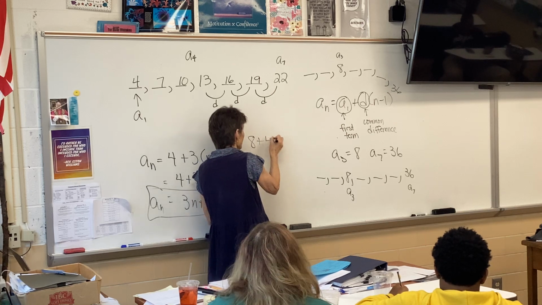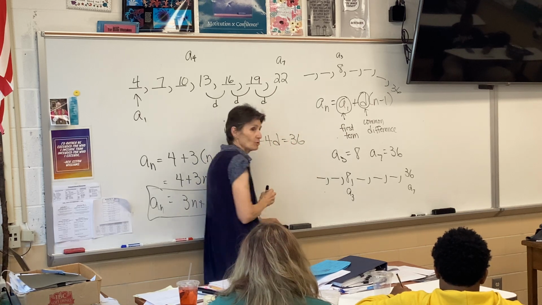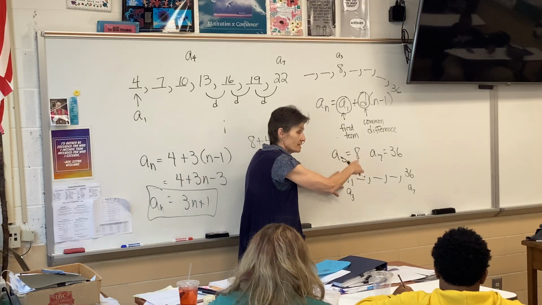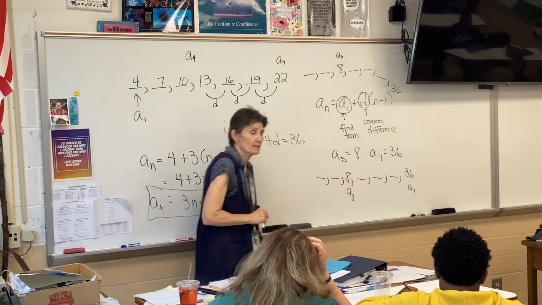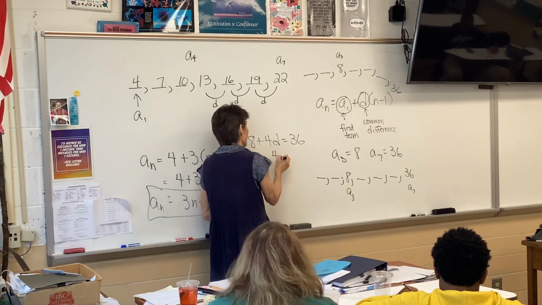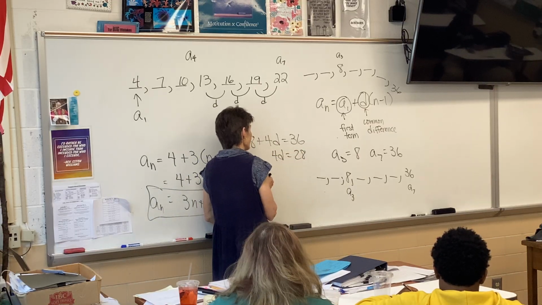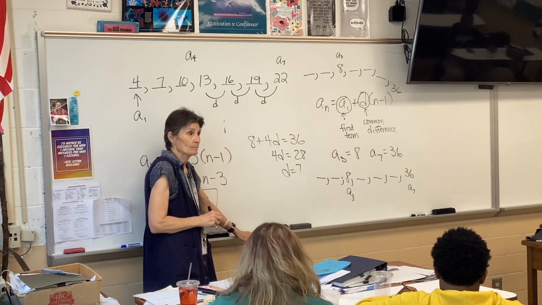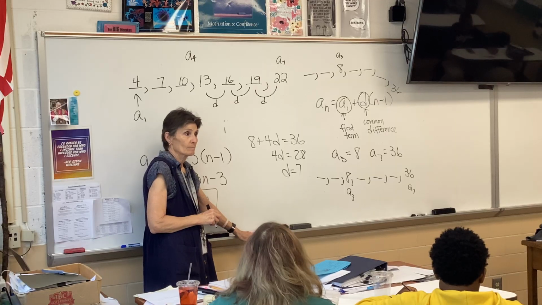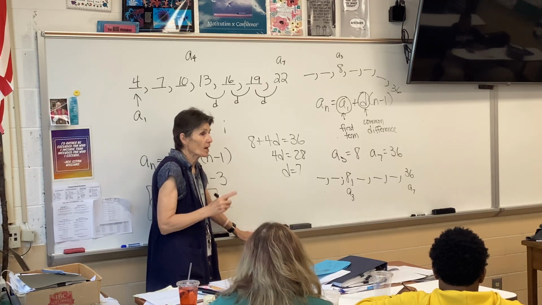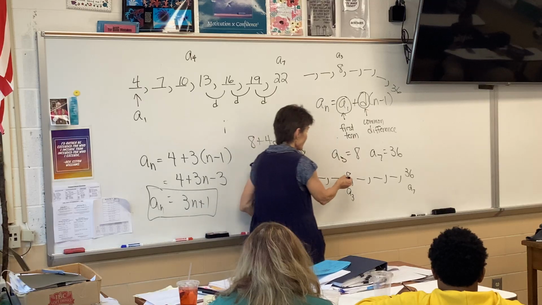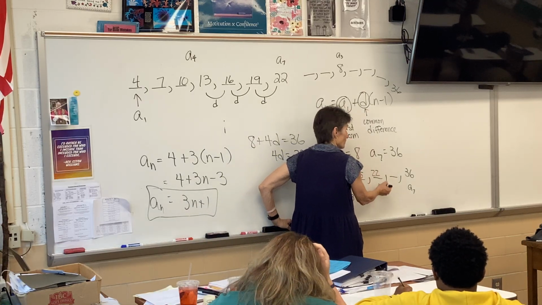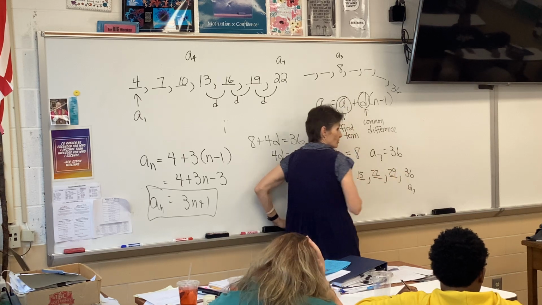So 8 plus 4 Ds is gonna get me to 36. 8 plus D, plus D, plus D, plus D, puts me at 36. So 4D equals 28. I got D equals 7. And I can check that, because if I add 7, I get 15, another 7, another 7, and another 7.